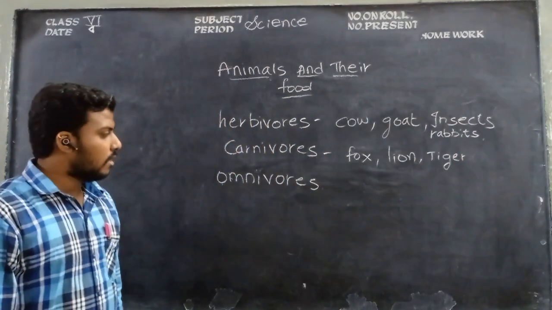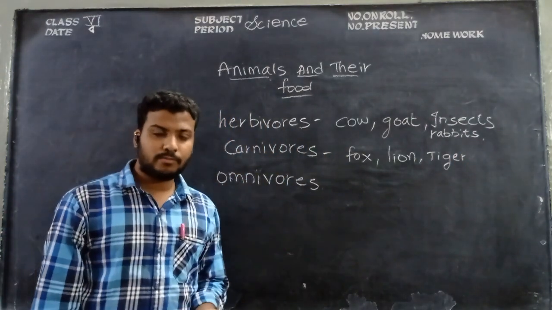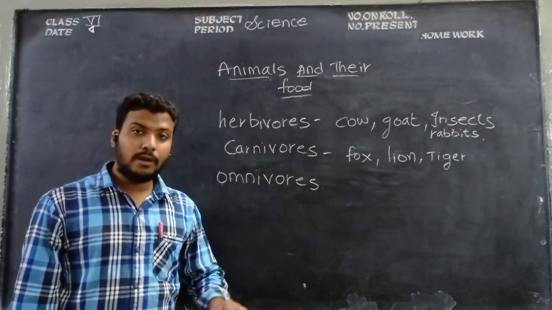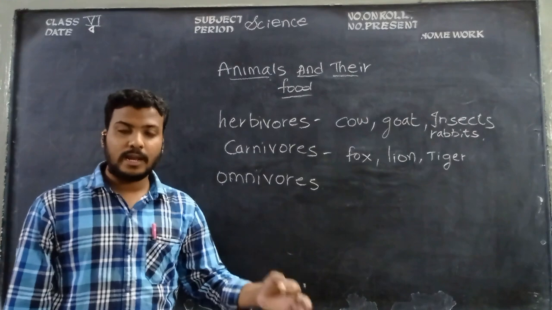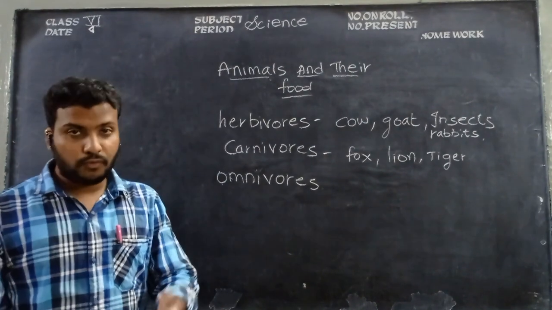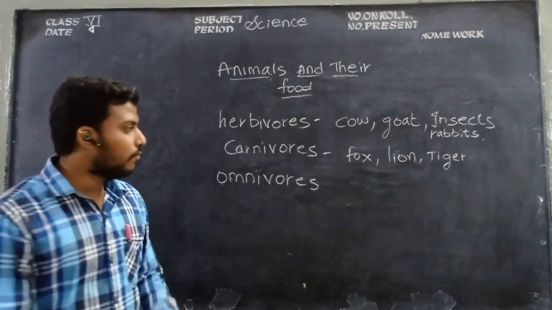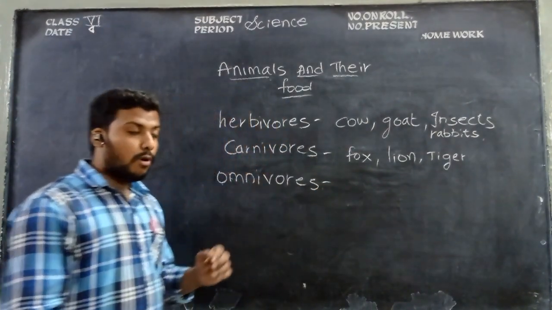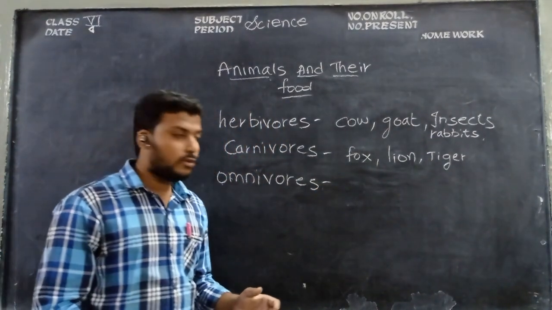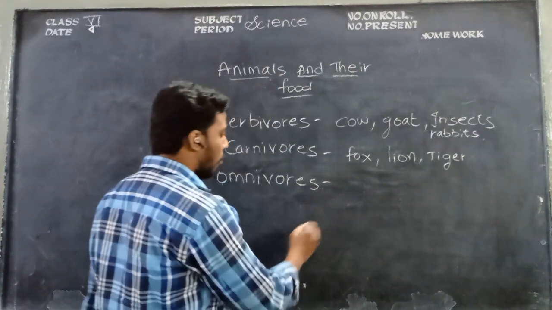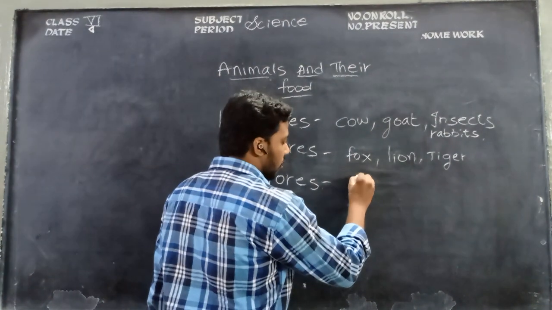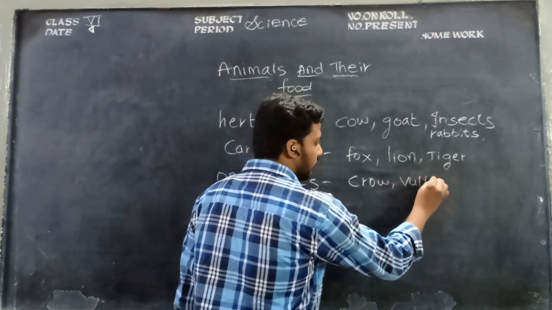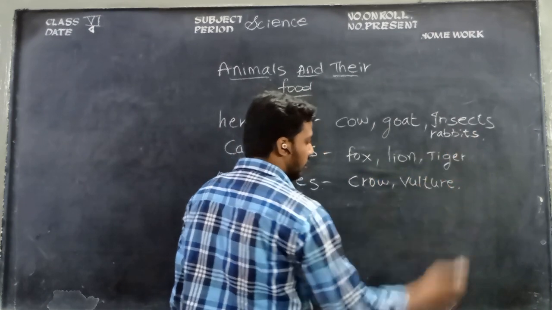Children, next, the third one is omnivores. Animals that depend on plants as well as animals for their food are called omnivores. Some examples of omnivores are crow and vulture.